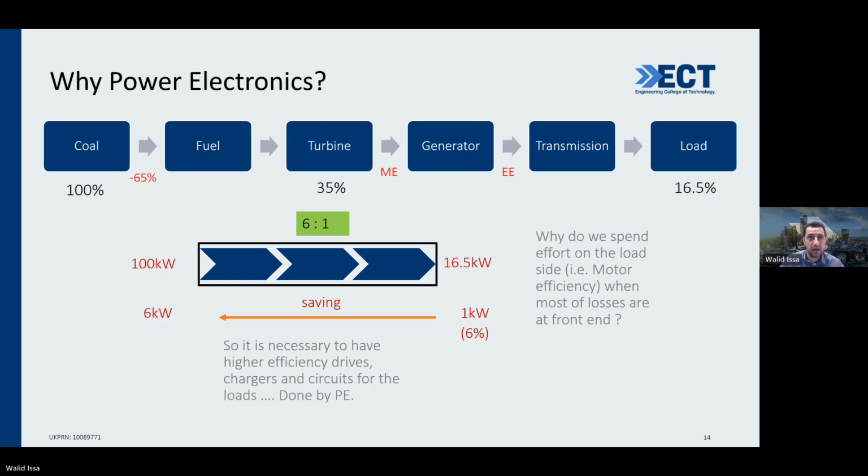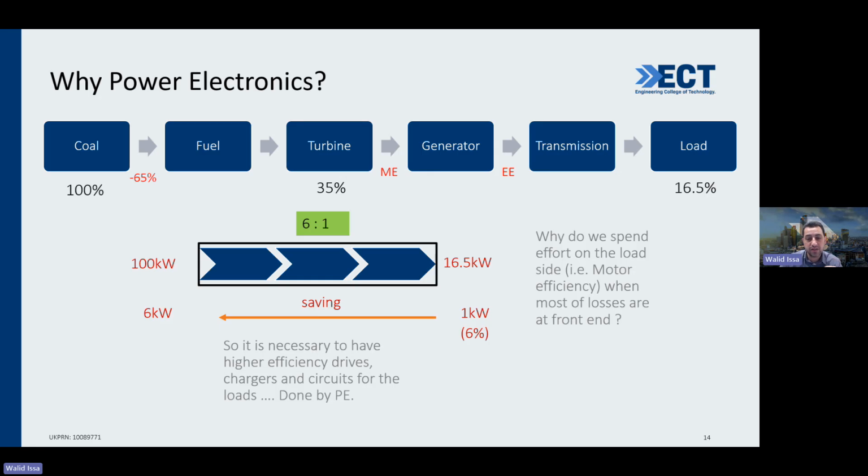And what if we want to increase the efficiency or the performance of the system? Do we need to invest into the consumer side or the generation side? You might think, okay, why? I want to increase the generation efficiency, because instead of getting 100 kilowatt, I want 120, 130.